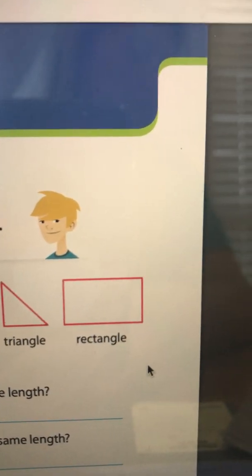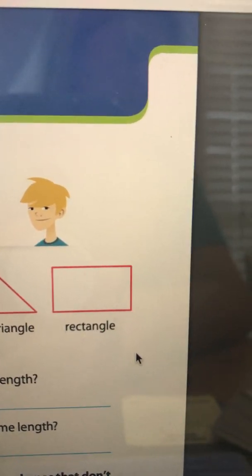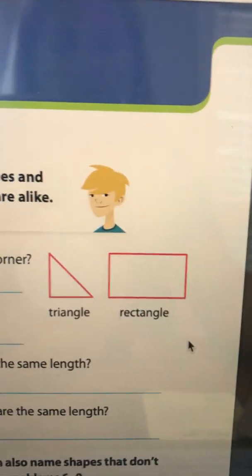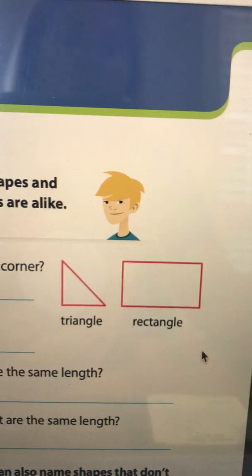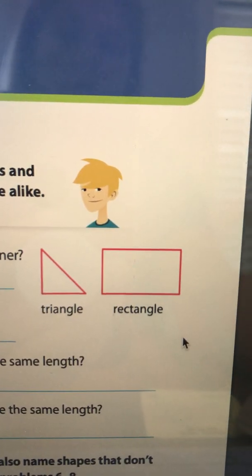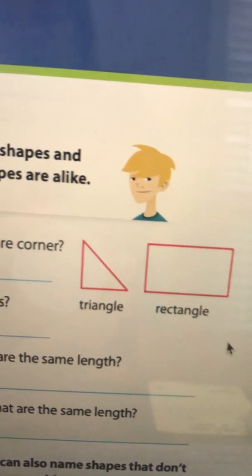Number 4 says, still looking at these two shapes, which of the shapes shown has some sides that are the same length? Now, I don't have a ruler with me here, but you could take a ruler, or I could go back to this piece of paper and use it to help me measure my sides.